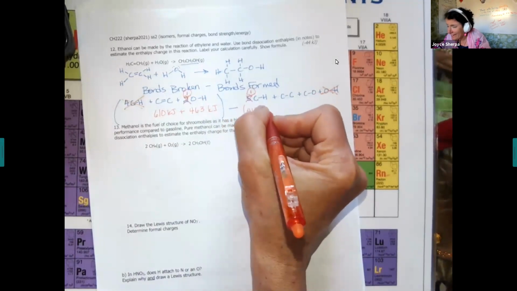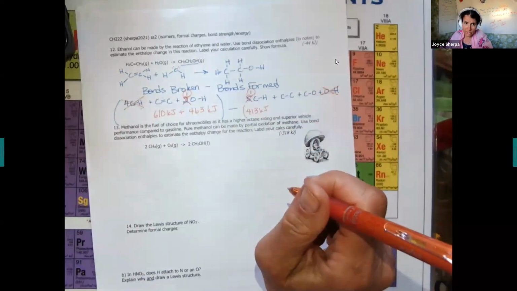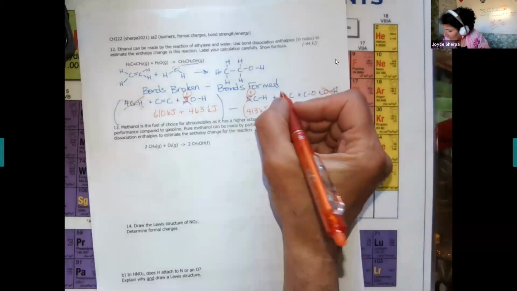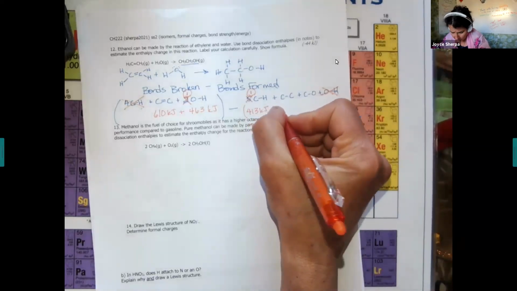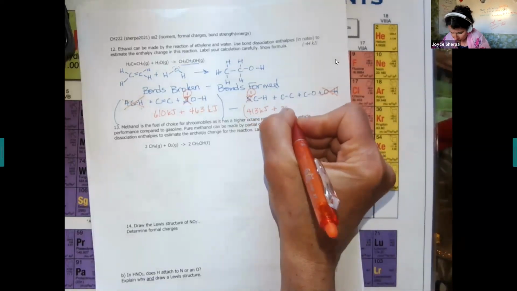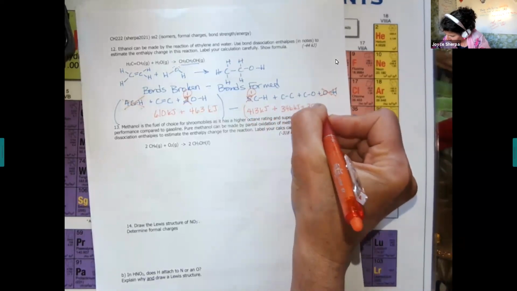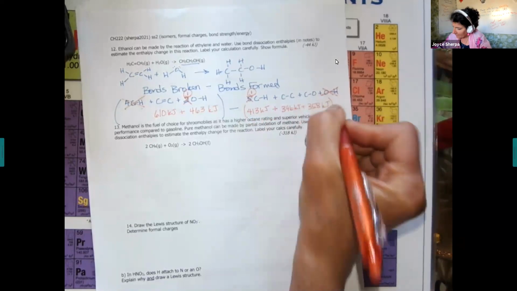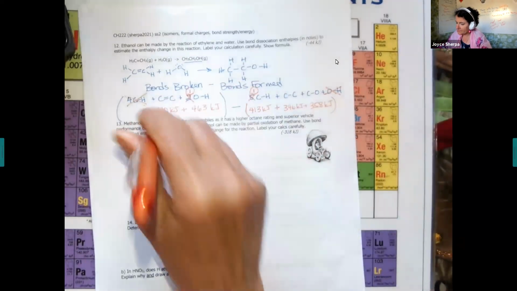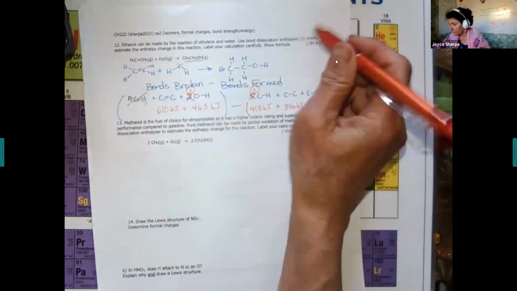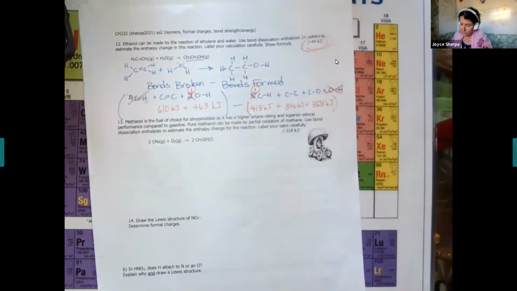The units are actually kilojoules per mole, or you can just say kilojoules. Carbon-carbon is 346 and 358 kilojoules. Make sure you use parentheses, right? So bonds broken minus bonds formed, and you should get negative 44 kilojoules.